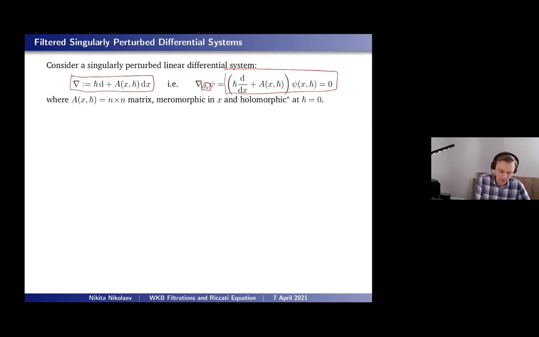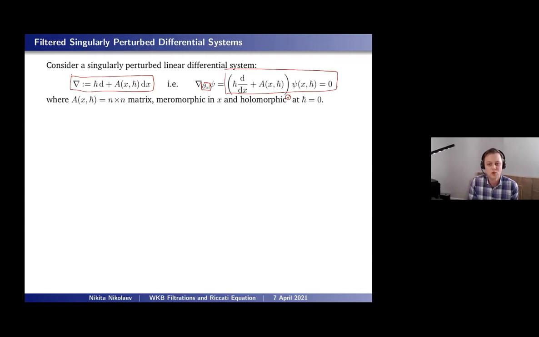But as I said, I've already mentioned, there's this little asterisk here that it is even better to right away restrict your attention to much more general systems, which are not necessarily holomorphic at h bar equal to 0.